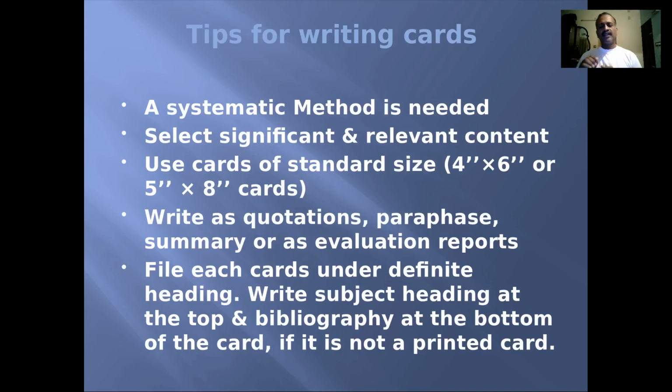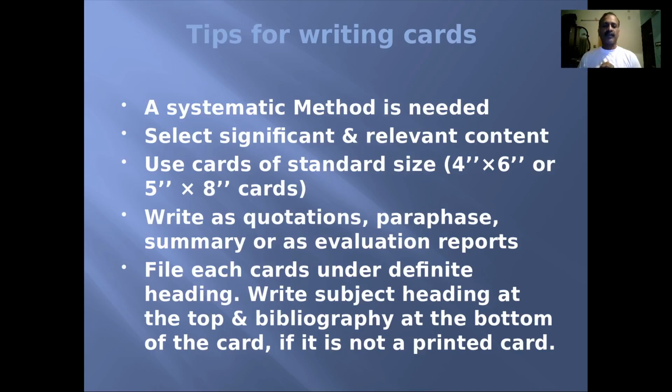Then file each card under a definite heading, as I said. Write the subject heading at the top and the bibliography at the bottom of the card if it is not a printed card. On the top you write the subject heading, for example, definition of COVID.